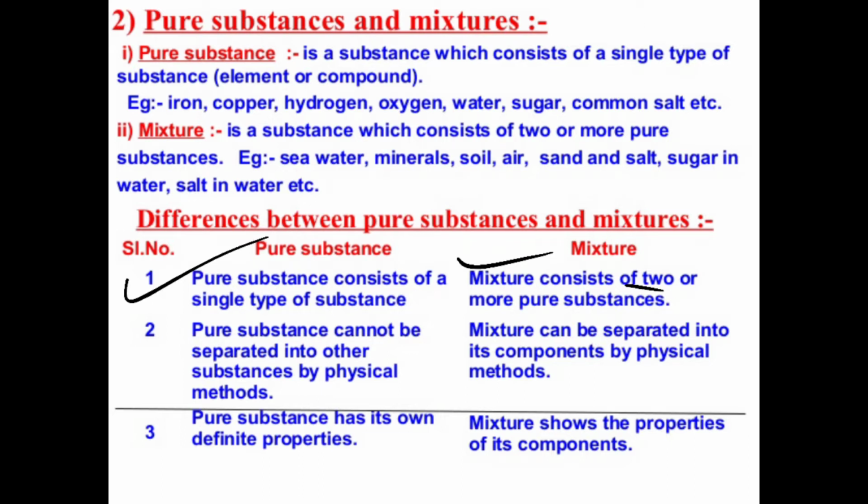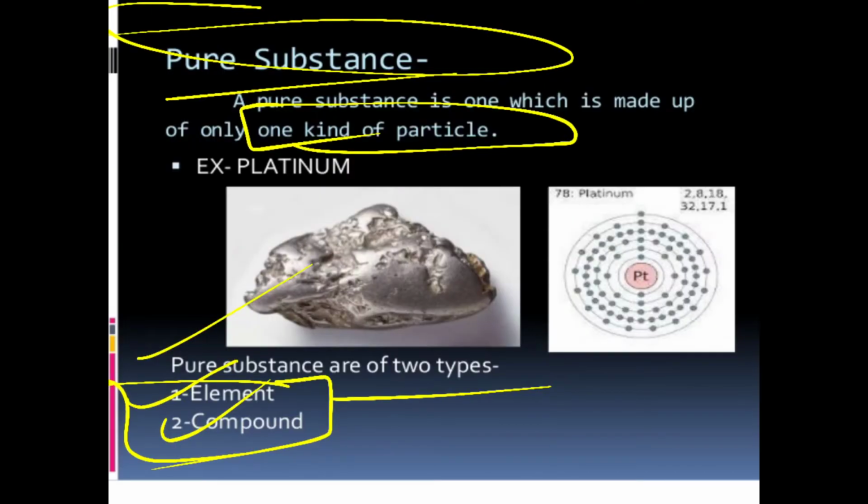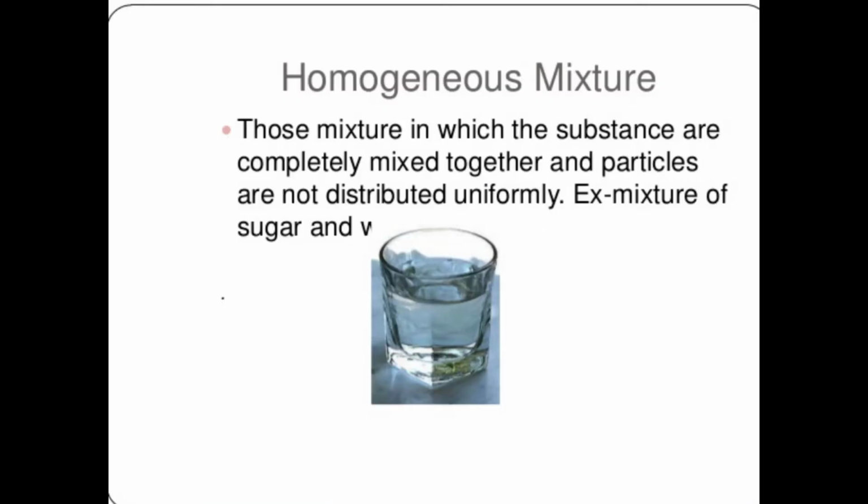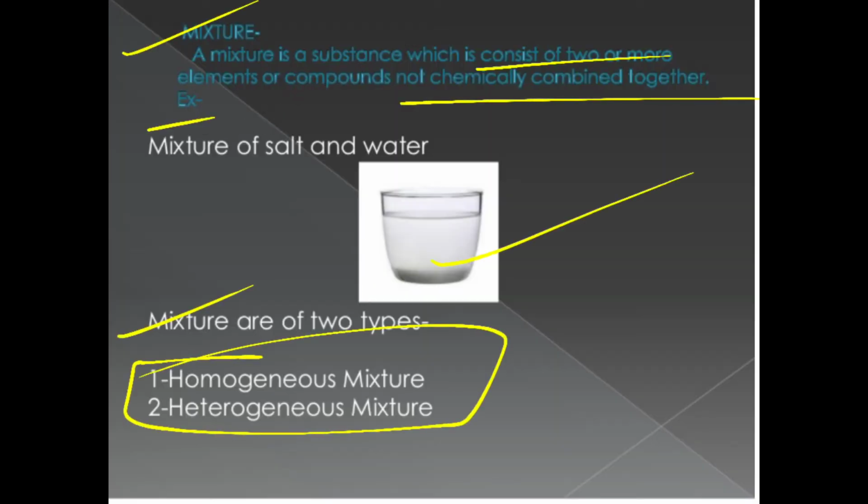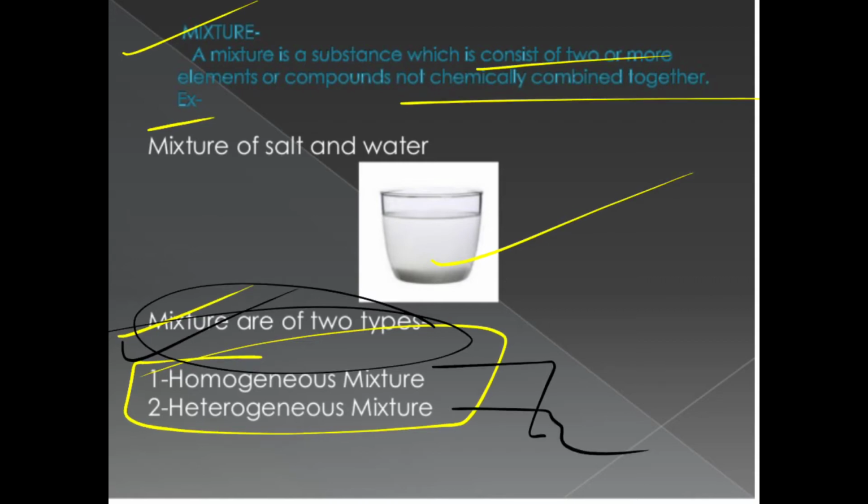A pure substance cannot be separated into other substances by physical methods, whereas a mixture can be separated by physical methods. Pure substances have their own definite properties, whereas mixtures show the properties of their different components. As we know, mixtures are further divided into two parts, homogeneous and heterogeneous.